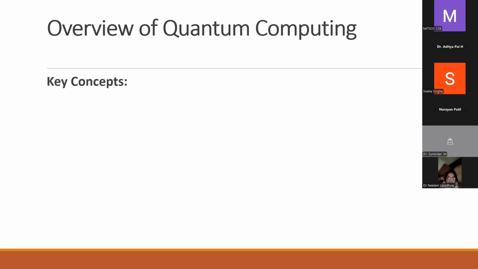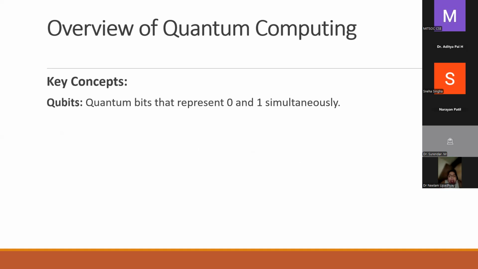Already you know the key concepts in quantum computing. The first key concept is the qubit. We know that the qubit is what? As we have told you, a qubit is represented by 0 and 1 simultaneously.